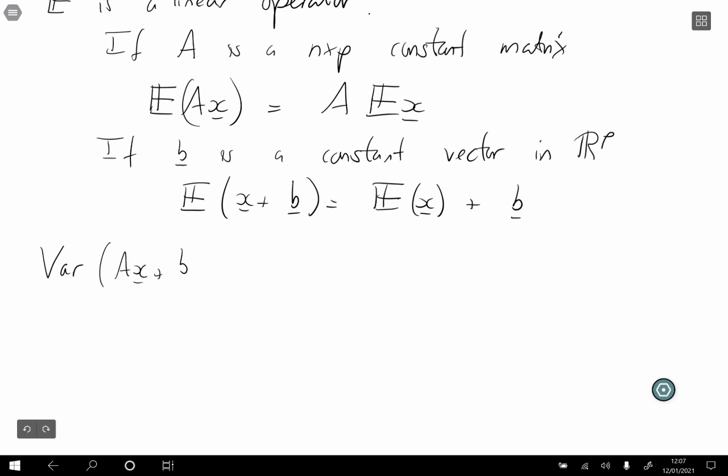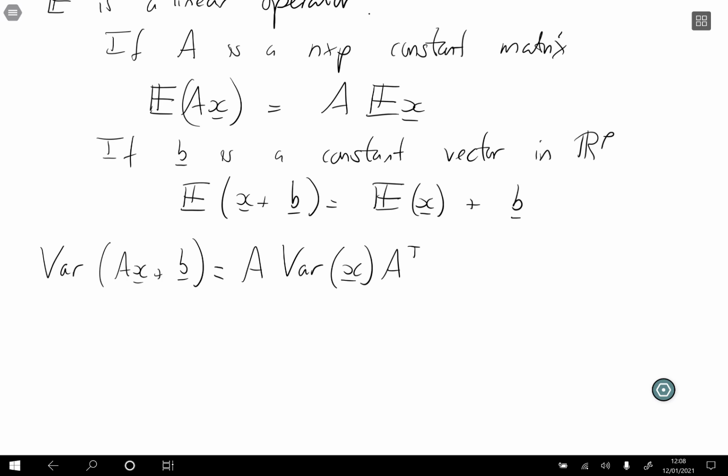So this leads to properties of the variance operator. So the variance of Ax plus b, when x is a random vector and A and b are constant, is just A times the variance of x times A transposed. Hopefully we've seen this before. We can also consider what happens to the covariance between two variables.